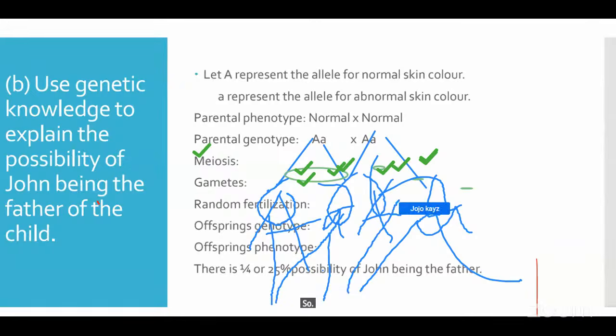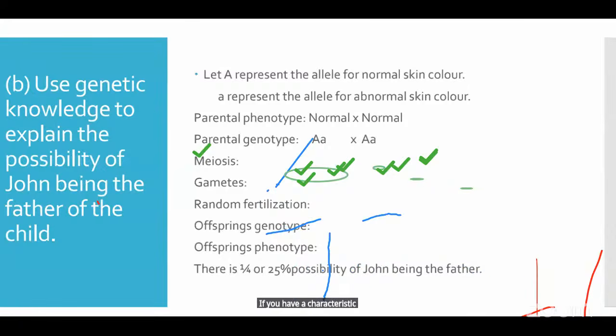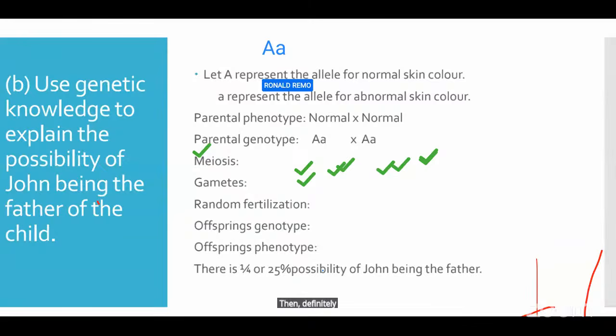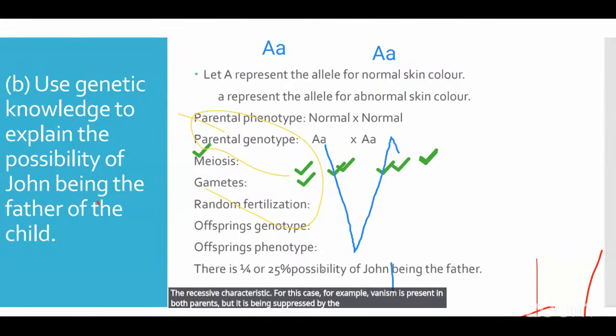Teacher, how are we supposed to know if one is a carrier? So in this case, if you have a characteristic whereby two normal individuals are giving a characteristic which is recessive in the offspring, then definitely we end up having the two parents heterozygous, implying that the allele for the recessive characteristic, for this case, for example, albinism, is present in both parents, but it is being suppressed by the dominant allele, which is normal.